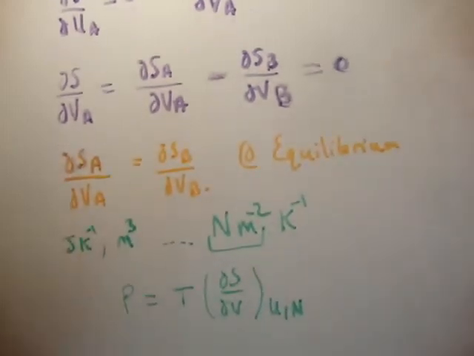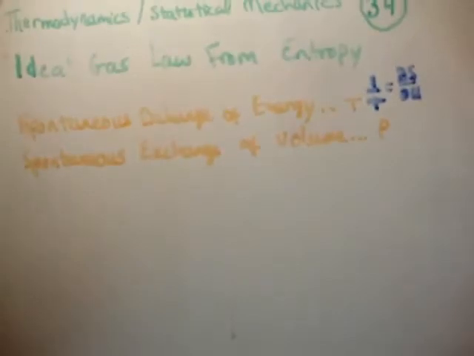Right, now we have an expression for pressure because of mechanical equilibrium, when the volume is no longer being exchanged. So let's see if we can somehow verify that this equation in actual fact works, and in so doing, hopefully come up with a formula for the ideal gas law.